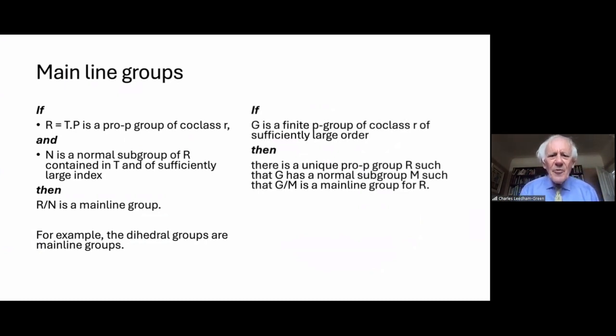Right, and if G is a finite p-group of co-class r and sufficiently large order, there is a unique pro-p group such that G has a normal subgroup M with G over M being a mainline group.